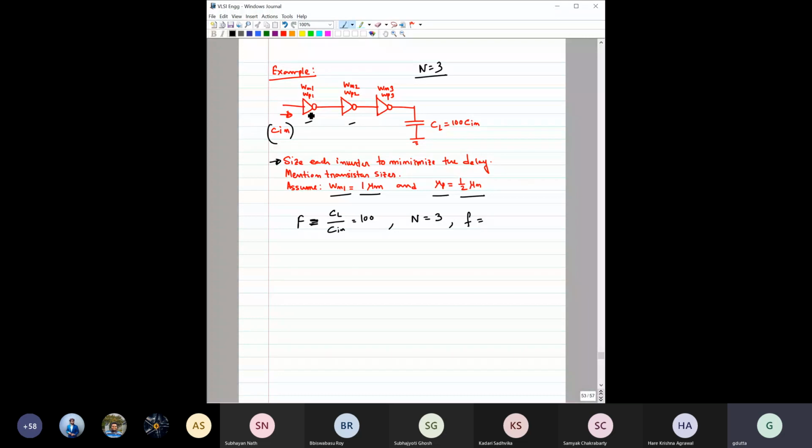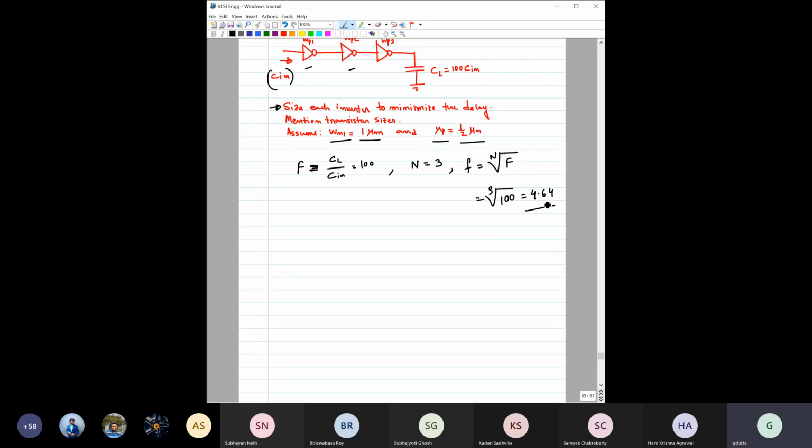Effective fan out means the fan out for each stage, to get the minimum delay. We know the criteria to get the minimum delay is this, so this should be the cube root of 100, which gives us 4.64, right? So we'll keep it like this only, F equal to 4.64.